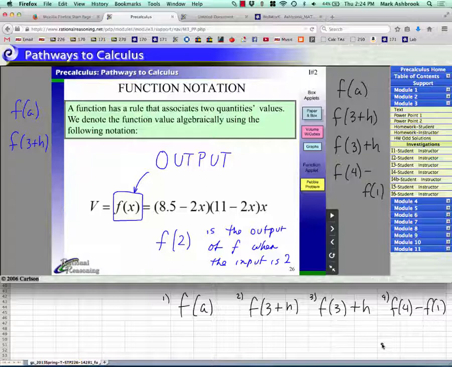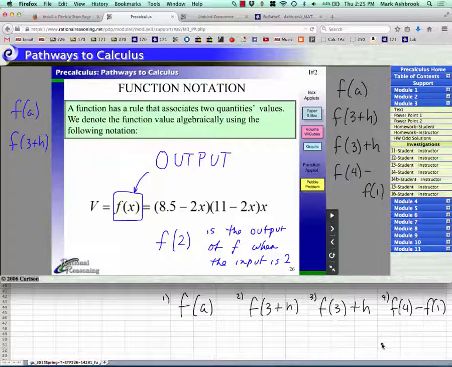Okay, what about f of 3 plus h? How about that one? Jonathan. It's the output of the input of 3, with h added to it. Okay, so it's the output of the function f when the input is 3, and that output with h added to it.